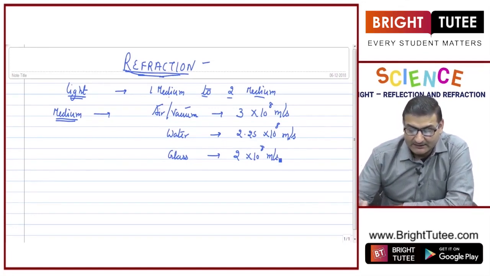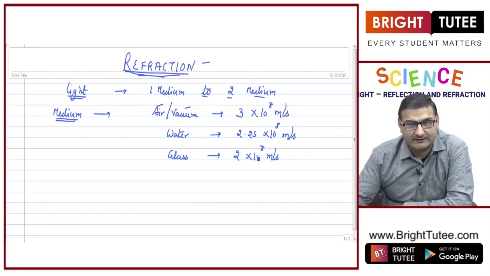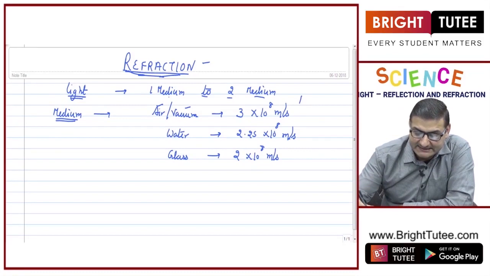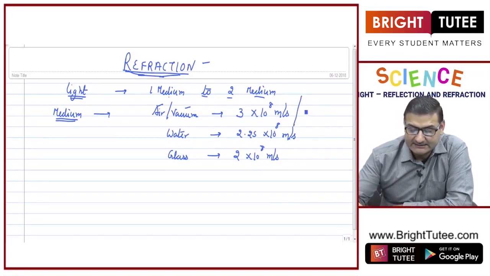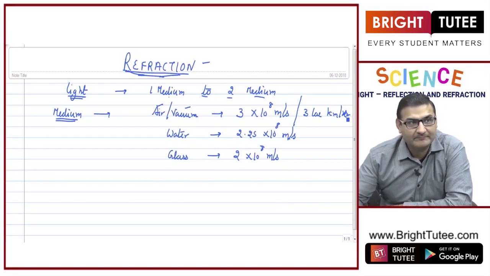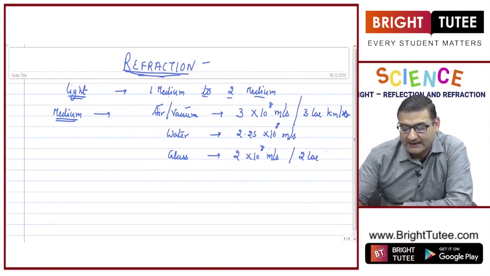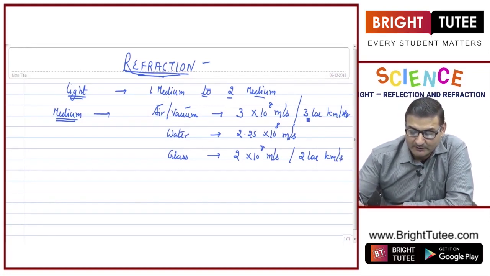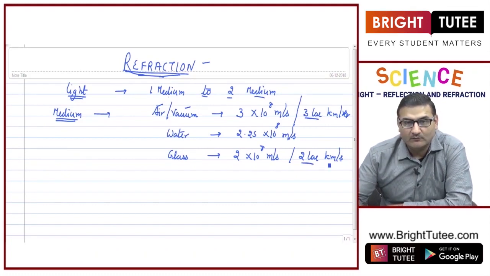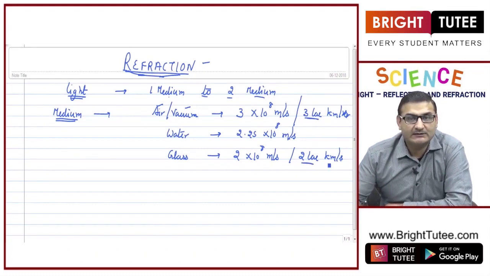Seemingly the difference appears very small, but in bigger terms, I can write this as 3 lakh kilometers per second, and the speed in glass is 2 lakh kilometers per second. I am talking about a difference of 1 lakh kilometer per second.